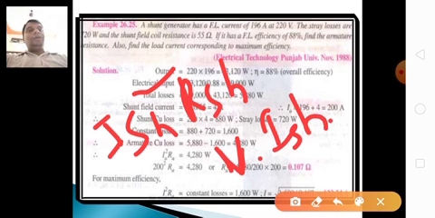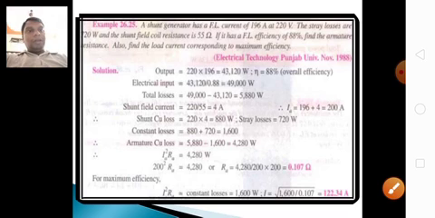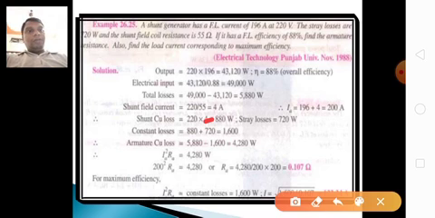Both are the same. Here V is 220 volts and ISH is 4 amps. So the shunt field copper loss is 220 into 4, that is 880 watts.